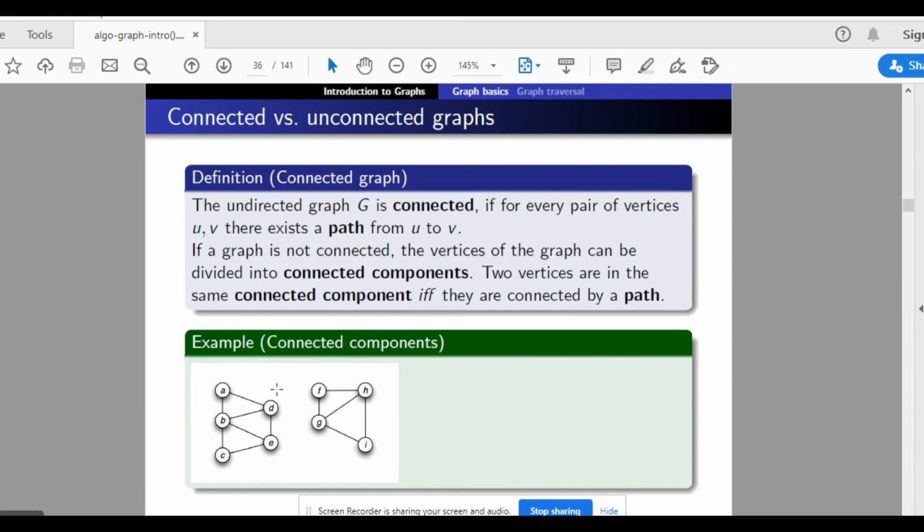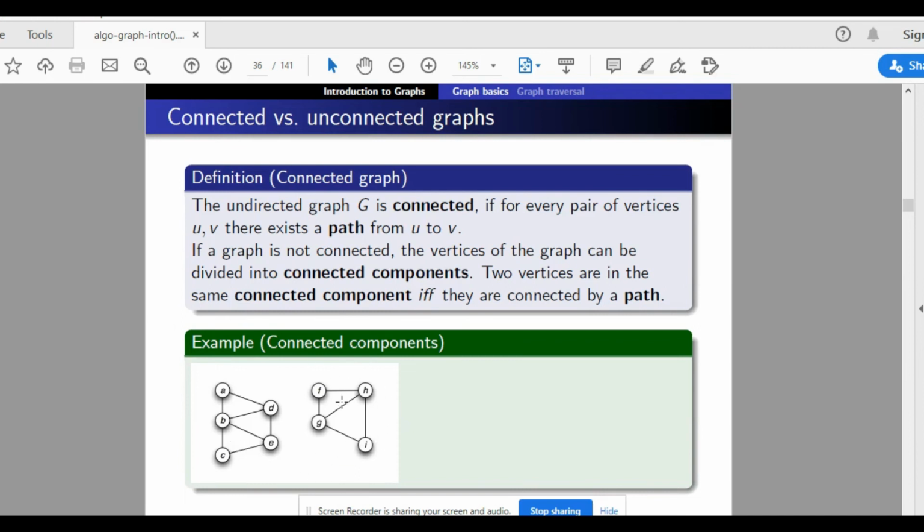However, this component separately can be called a connected component, and this component separately can be called a connected component, because if we consider this particular component, we can see that each vertex in this component has some kind of path with all the other vertices in the same component.